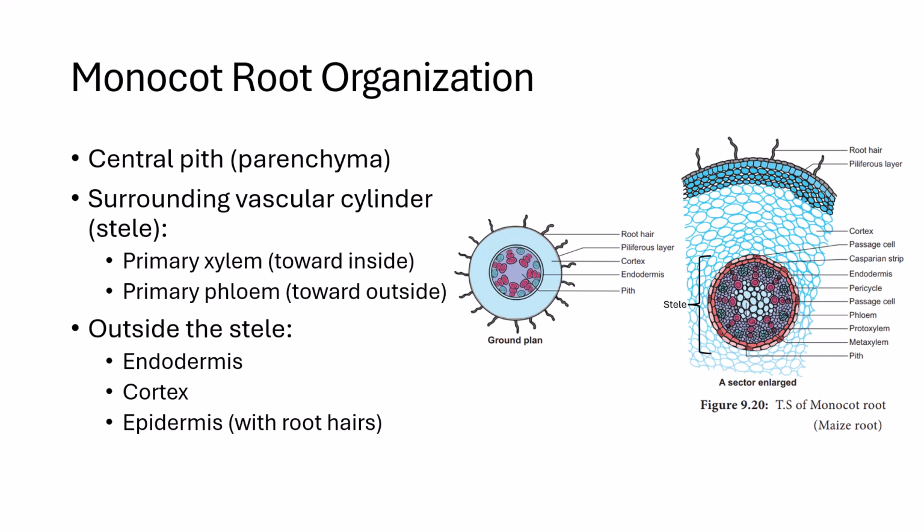Outside the stele, you'll find the endodermis, then the cortex, and finally the epidermis on the outer surface. Many epidermal cells form root hairs, which dramatically increase the surface area for water absorption. This tissue arrangement increases efficiency since the root hairs absorb the water, the cortex stores and moves the water, the endodermis regulates uptake, and the vascular cylinder transports water.